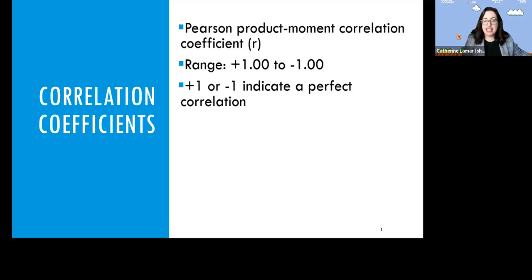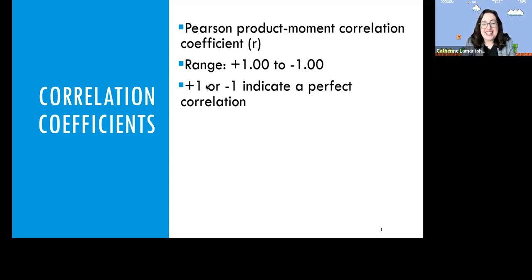That means that when you look at a correlation coefficient and you see a negative sign in front of it, you know that that's a negative relationship, whereas one variable increases, the other variable decreases. However, if you don't see that negative sign there, that means it's a positive relationship. And that means that as one variable increases, the other variable increases as well.